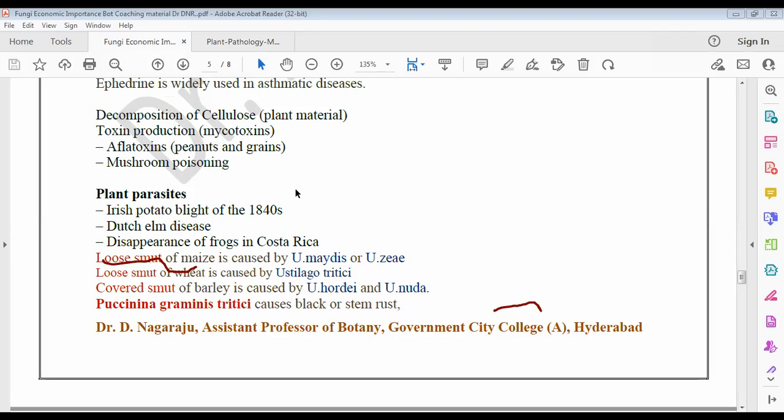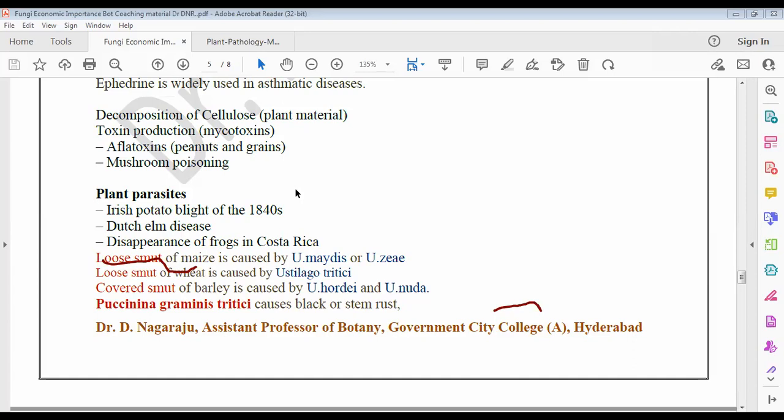What disease is it? Coffee rust, which caused the Sri Lanka famine. Disease is coffee rust. Pathogen is Hemileia vastatrix.